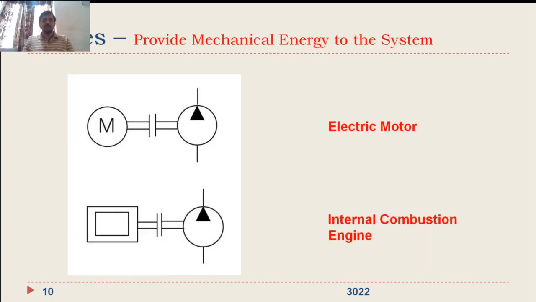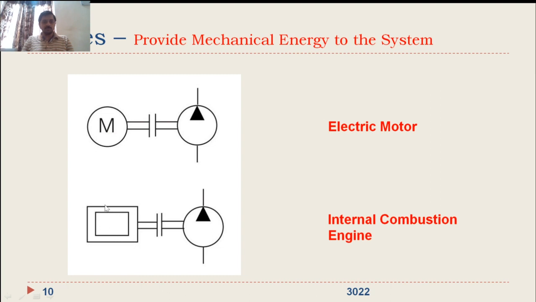Now coming to the drives, which provide mechanical energy to the system. This is your electric motor, and you can have this pump. A motor is usually represented by a circle with M written inside, and an IC engine is usually represented by two rectangles, the smaller one inside the bigger one, like this.